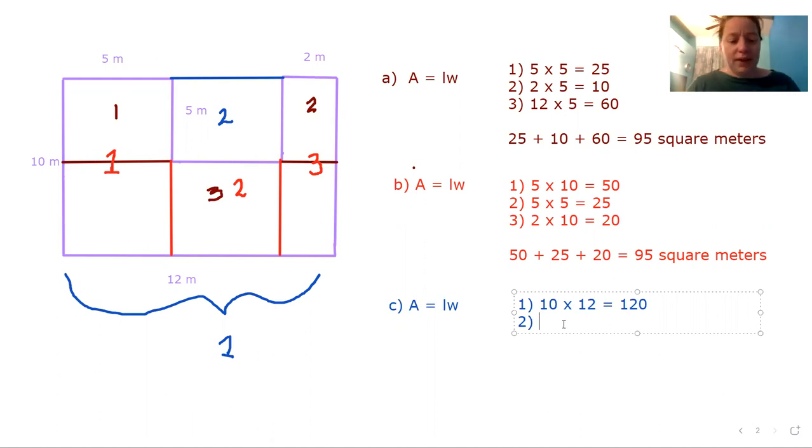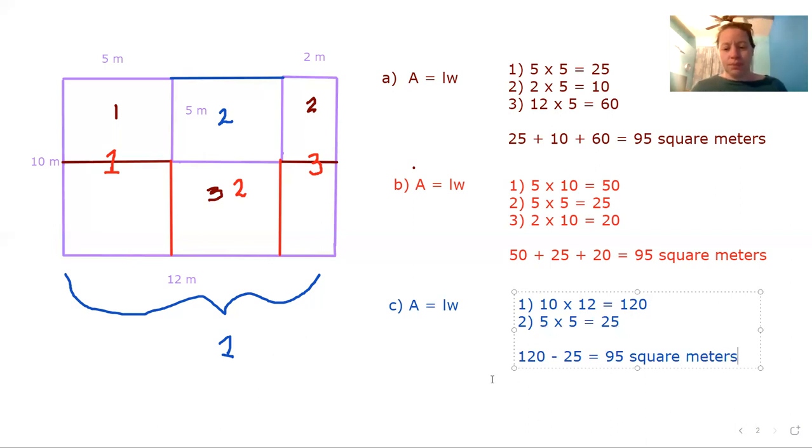So 5 times 5, which is 25. And then because I made the first one too big, I go 120 minus 25 is equal to 95 square meters. Boom. Okay, those are the 3 different ways that you could have solved this.